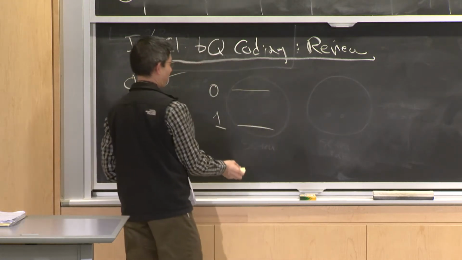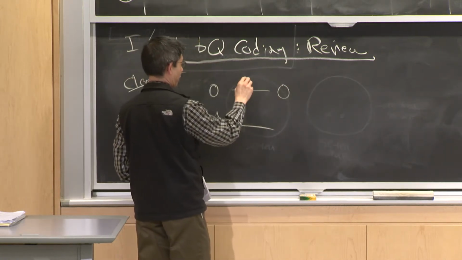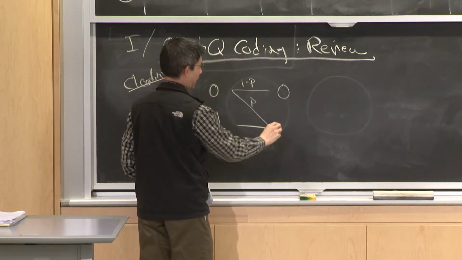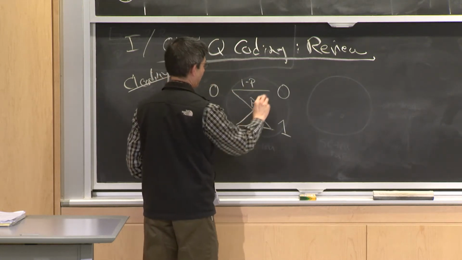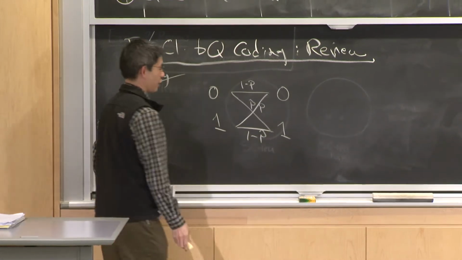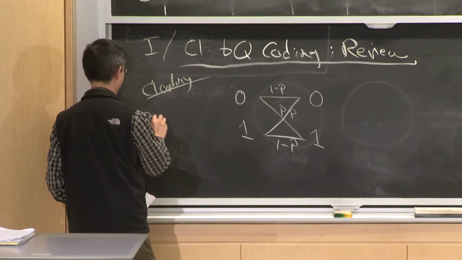And the noisy channel was one in which you would have an input 0 that would stay 0 with a certain probability 1 minus p. But with a probability of error p, the 0 would turn into a 1, and this was symmetric, so that a 1 could turn into a 0 or stay unchanged with the same probability of error. So p is the probability of error.